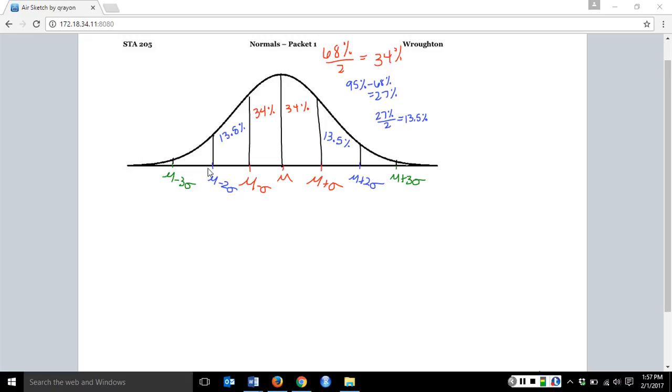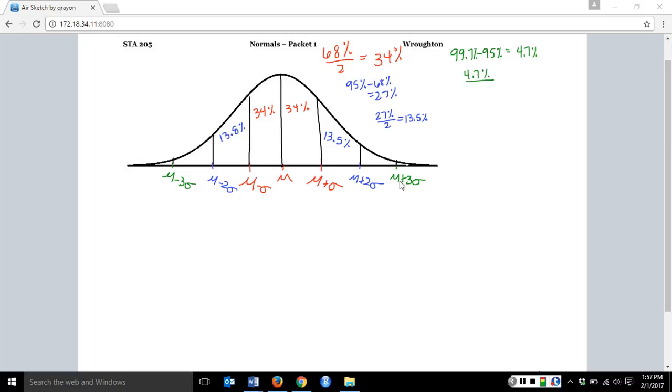Finally, with the green, we know that between this value and this value is 99.7%. So that's the total amount I can have. But now at this point, we've put on 95%. So we only have 4.7% left that we can add to the picture.